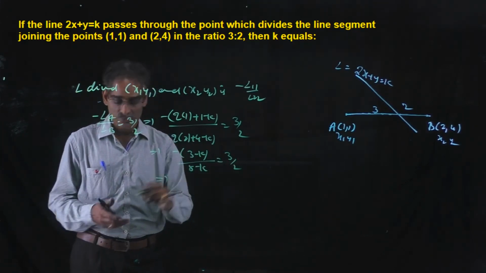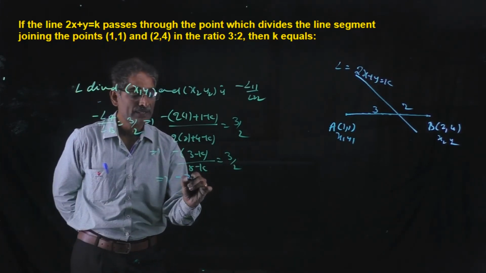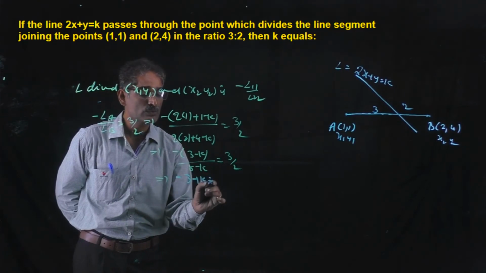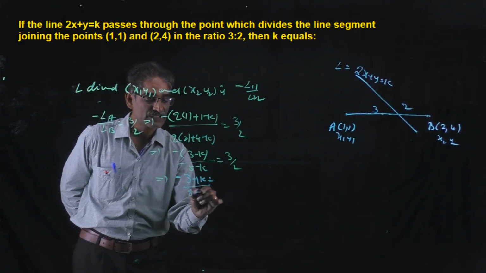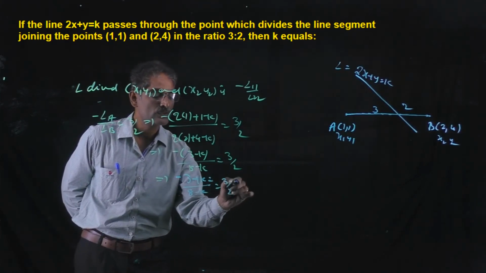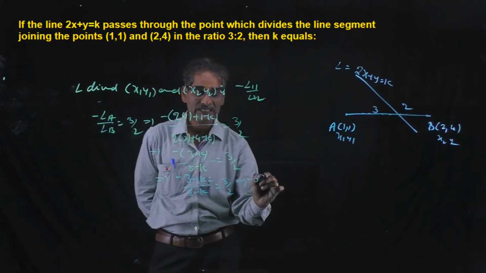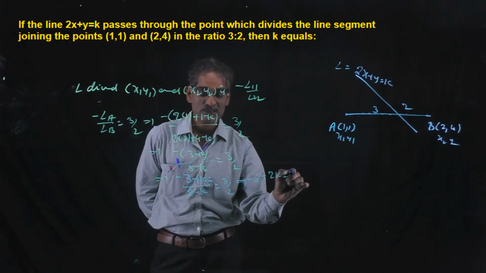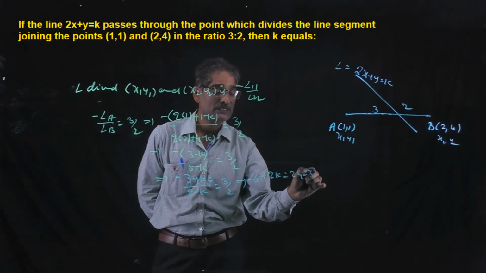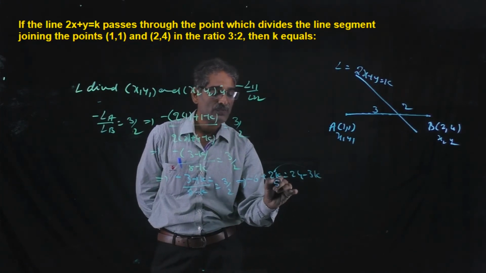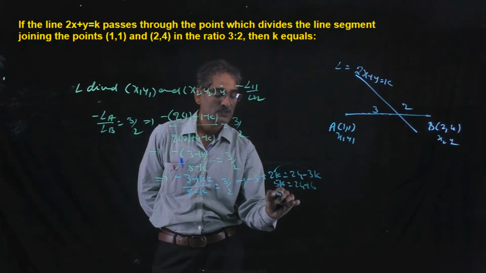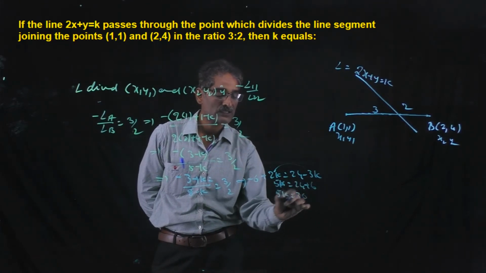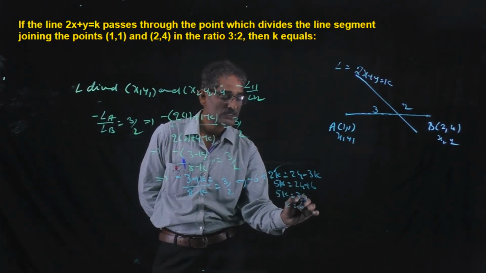Now this implies minus (3 minus k) by (8 minus k) is equal to 3/2. From this, minus 6 plus 2k is equal to 24 minus 3k. Now 5k is equal to 24 plus 6. 5k is equal to 30. So k is equal to 6.